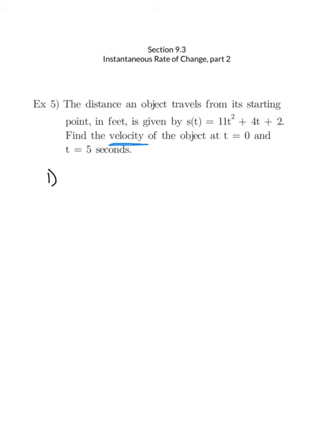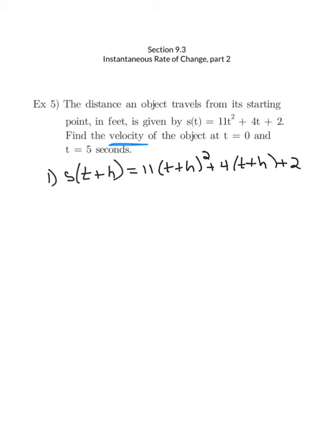On the first step, the name of our function is s. Now notice that our variable is not x, it's t. So instead of doing x plus h, we are going to do t plus h. This equals 11 times t plus h, which we are squaring, plus 4 times t plus h plus 2.